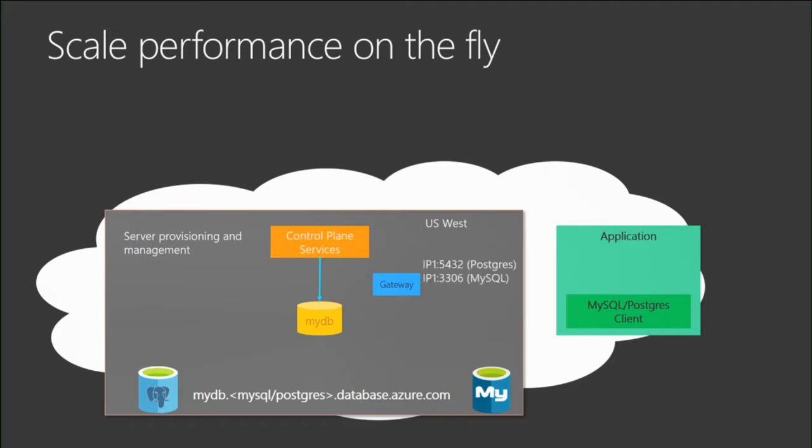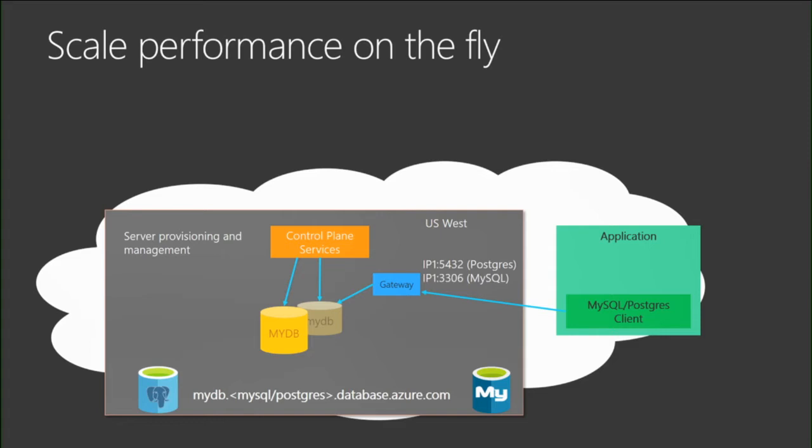So you have your application that talks to the gateway, which listens on the MySQL or the PostgreSQL port, and connects to your database. Now, let's say your website has become virally successful and you want to scale up resources. When you scale up, you create a new instance, and this is not on the critical path. While this is happening, your application is still connecting to the old one.